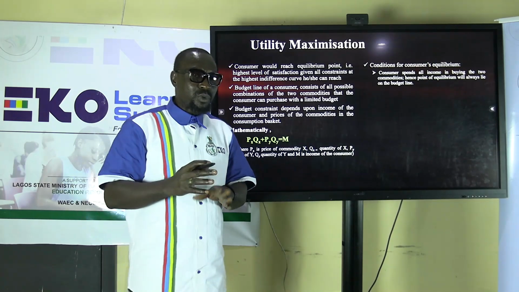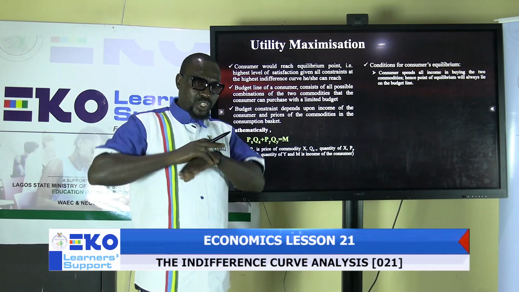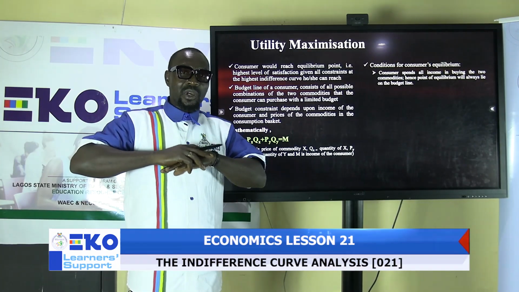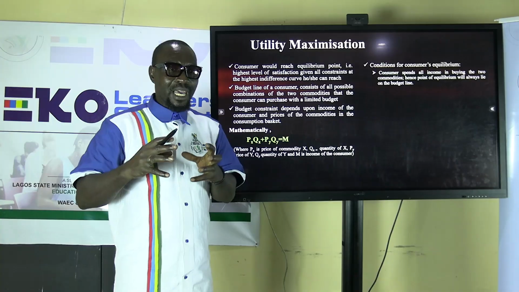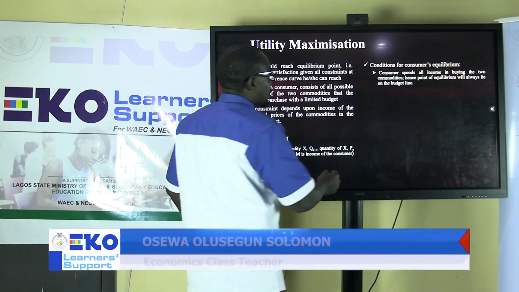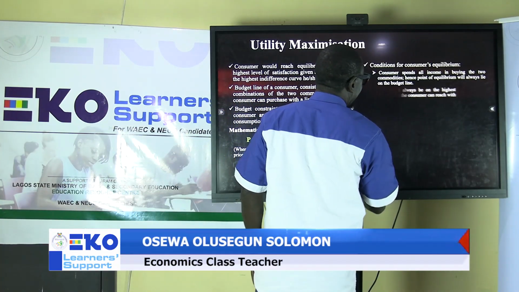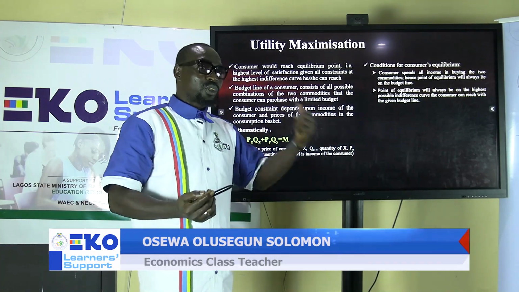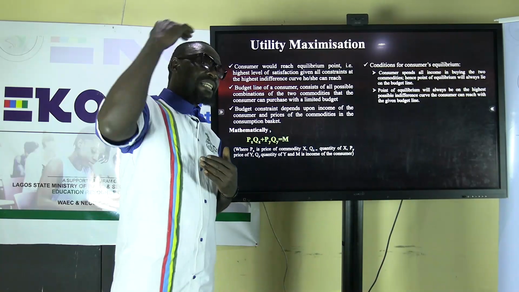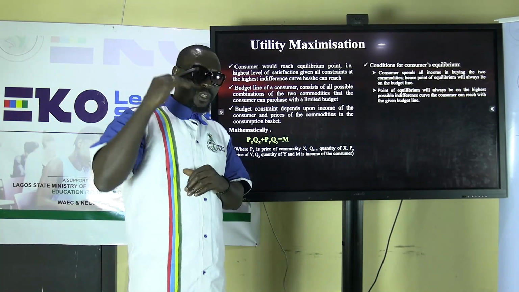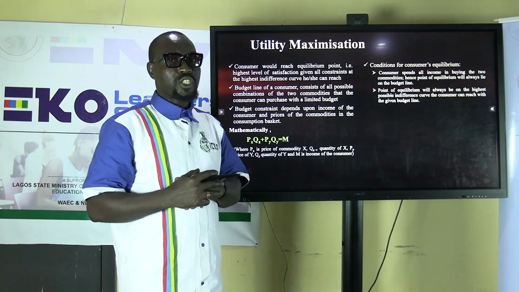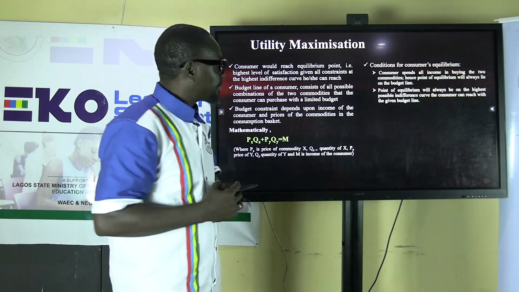Therefore, the point at which he derives his maximum satisfaction is where he has spent all of his income on the commodities that we are talking about, so in this case, commodity X and Y. And we also saw earlier on that the highest satisfaction available to the consumer is at the highest indifference curve that is possible for him.